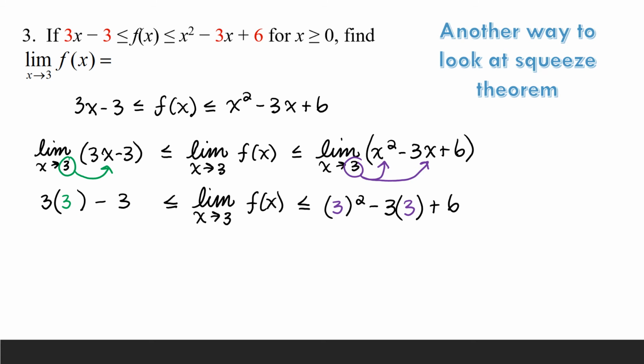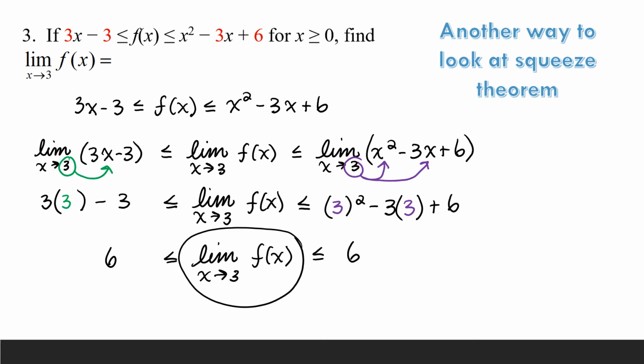So, and then we can just keep simplifying this. 3 times 3 minus 3 is 6, which is less than or equal to the limit as x approaches 3 of f of x, which is less than or equal to 3 squared minus 3 times 3 plus 6, which is also 6. So we can see that the limit as x approaches 3 of f of x is squeezed in between these two values.